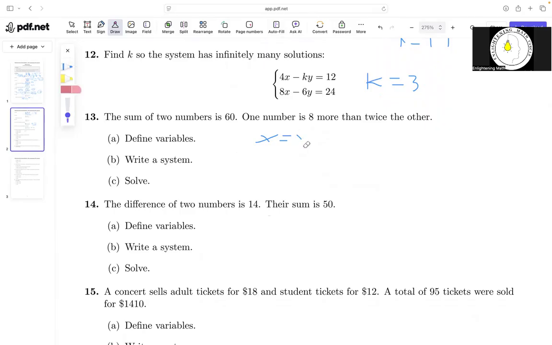So for our variables, we'll use x and y for step A. And then one number is 8 more than twice the other. So 8 more is plus 8 and twice the other. So 2x plus 8 equals y.